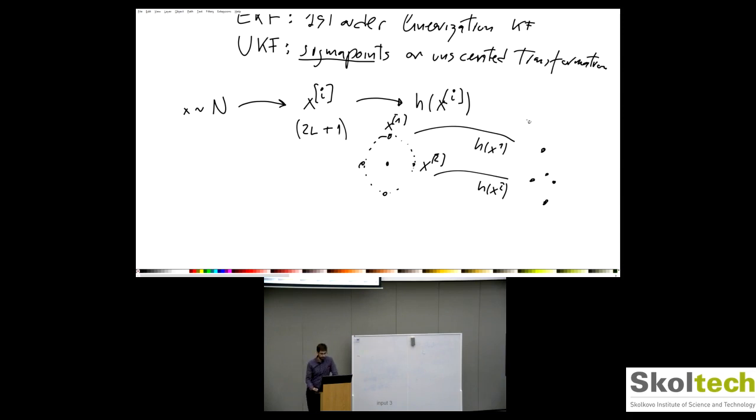And then what the sigma points do is they have a property such that once you have these points propagated, you can estimate a new posterior just based on these points, right? So basically, well, it's a formula, but then it's going to be Gaussian again.